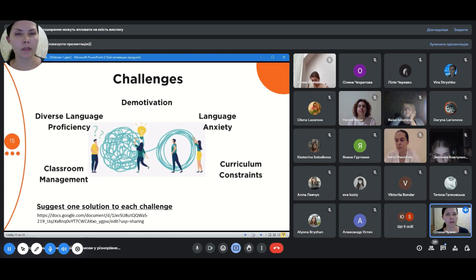Well, we haven't mentioned language anxiety yet. Language anxiety is connected with affective factors that become active when you struggle, when you are not confident. Lower level students can feel anxiety, and they will refuse to speak up at the lesson, they will refuse to do the activity.